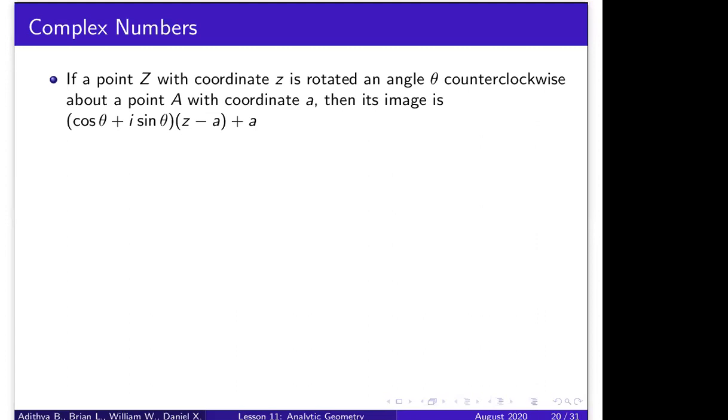When we shift a to be the origin, a goes to 0 and z goes to z minus a. And then we can do the same rotation operation that we saw on the last slide, where we just multiply it by cosine theta plus i sine theta, and then we shift it back by adding a again.